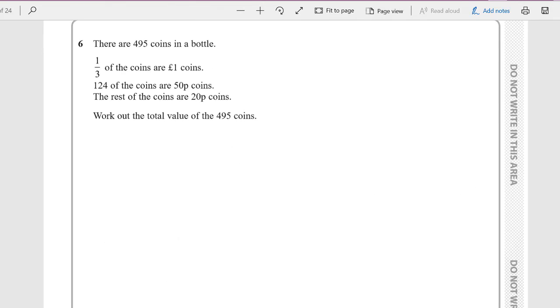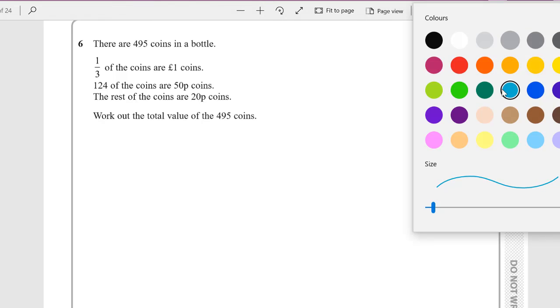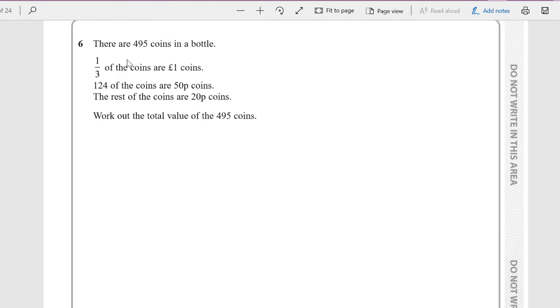So question 6 is a different color. It says there are 495 coins in a bottle. A third of the coins are £1 coins. 124 of the coins are 50p coins, and the rest of the coins are 20p. So work out the total value of the 495 coins. I'm just going to do something I've recommended before.